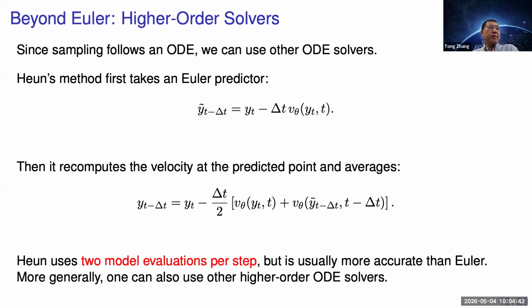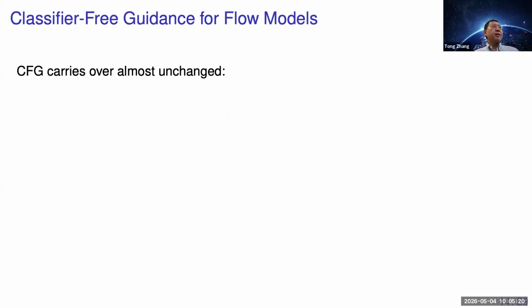So you have 2 model evaluations per step, but it's usually more accurate than Euler, so it's frequently used. I'm not saying it's always better, but when you have a good score estimation, this is used quite often. This is just for information only. This one is a higher order method: you have an interpolation of these 2 fields, which makes a better prediction, better tracking of the original ODE.